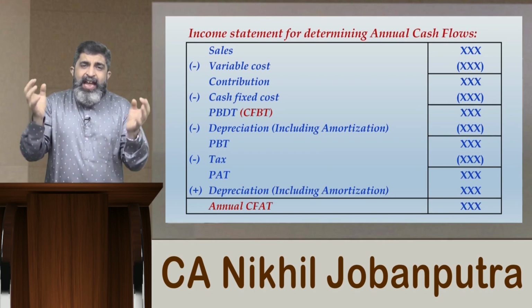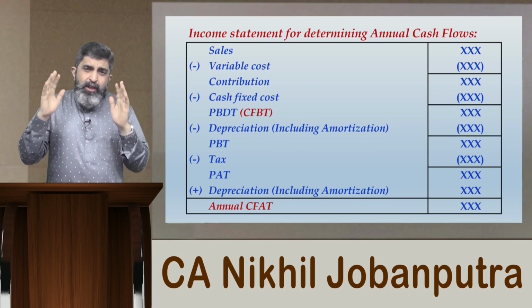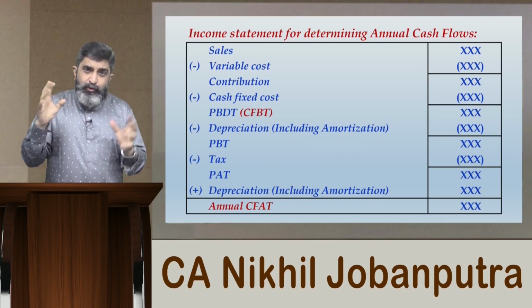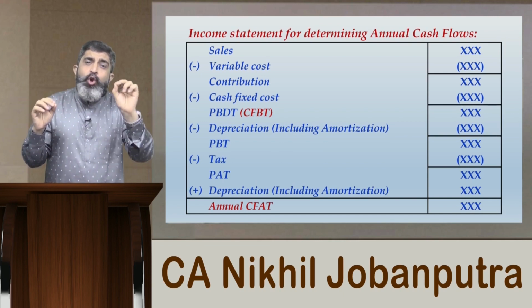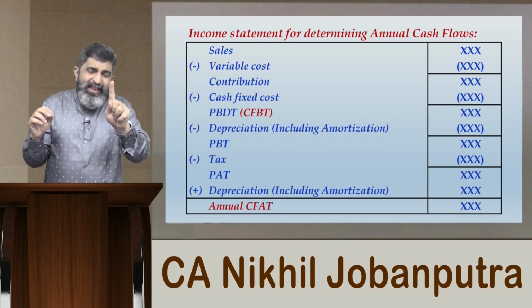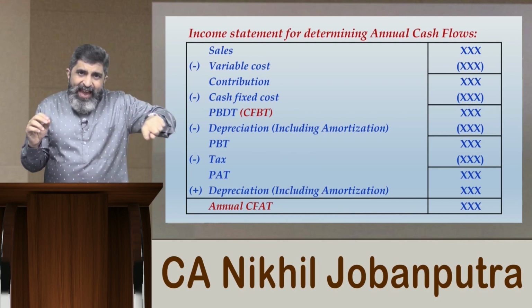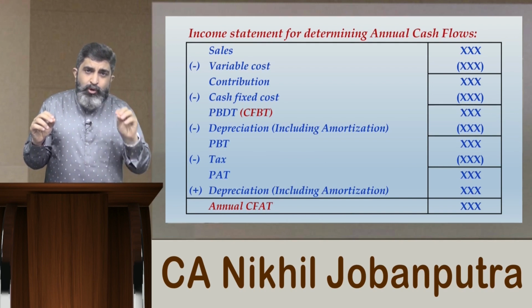Now I have total fixed cost of 12 lakhs in this example, but that 12 lakhs includes 2 lakhs as depreciation. So I will not subtract all 12 lakhs, I will subtract only 10 lakhs. So when I subtract 10 lakhs, it is basically cash fixed cost. So contribution less cash fixed cost will not give me the direct amount of profit.